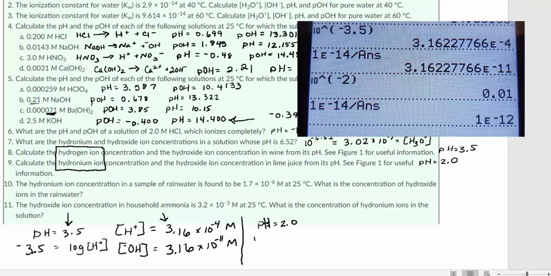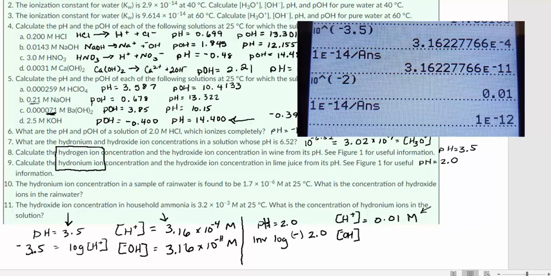Then I have my change sign button, my negative, and the pH, 2.0. So I get a hydrogen ion concentration equal to 0.01, capital M molar. That gives me a hydroxide ion concentration when I take my Kw, 1 times 10 to the negative 14, divide it by this, I get a hydroxide ion concentration of 1.0 times 10 to the negative 12.